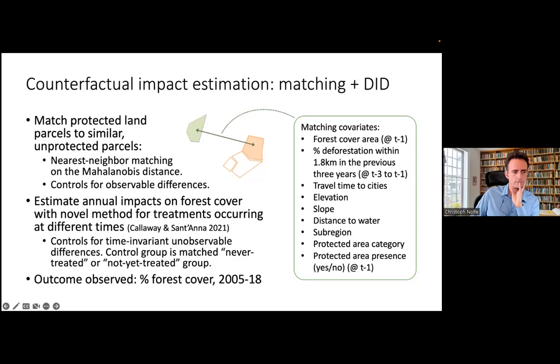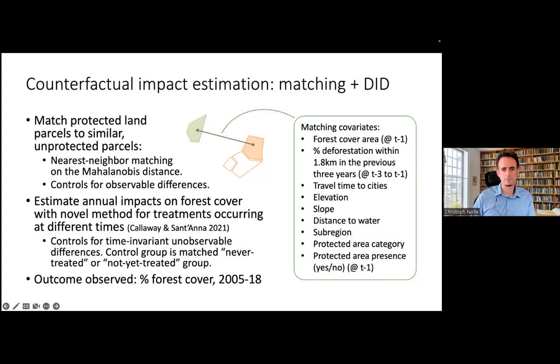Matching serves to prune any untreated parcels and basically generates a sample that has a distribution of variables that's very similar to our treated group. This allows us to control for observable differences, such as initial forest cover area, the percent deforestation in a nearby radius, travel time to cities, elevation, slope, etc.